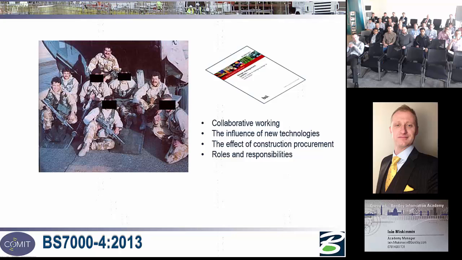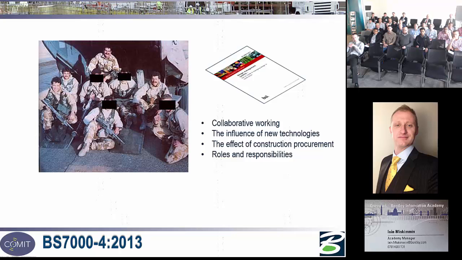The problem with these guys, of course, is they were a pretty dysfunctional bunch. They didn't collaborate, they didn't talk to each other, they didn't communicate very well. They didn't understand each other's roles and responsibilities. There were two leaders trying to vie for taking over. They didn't have a good understanding of their technologies. Their radio systems didn't work. Emergency attack beacons didn't work. They didn't take the right cold weather equipment with them, and so on.